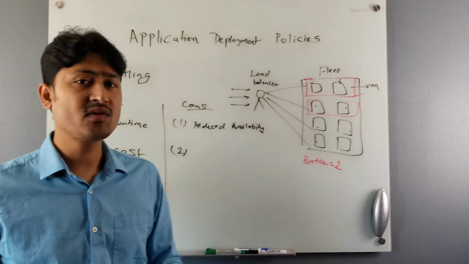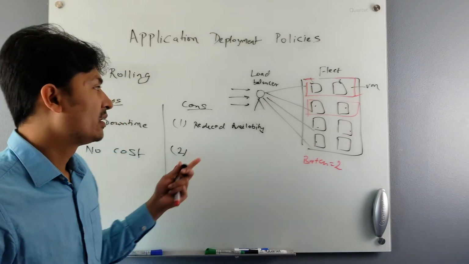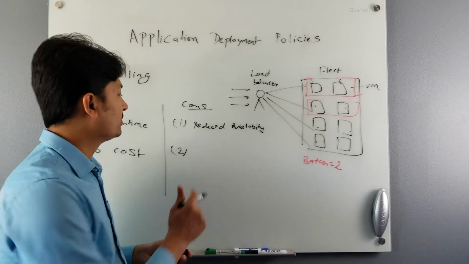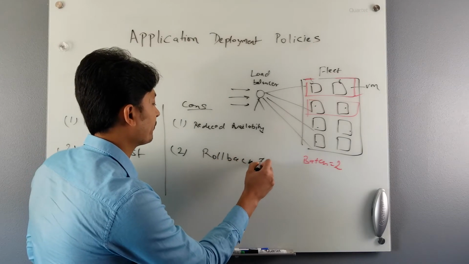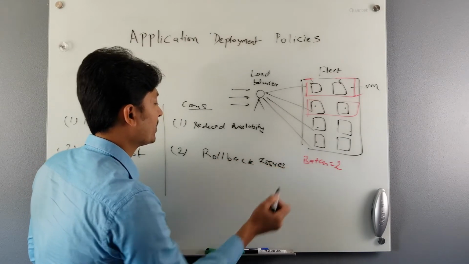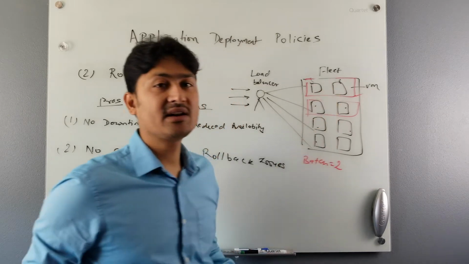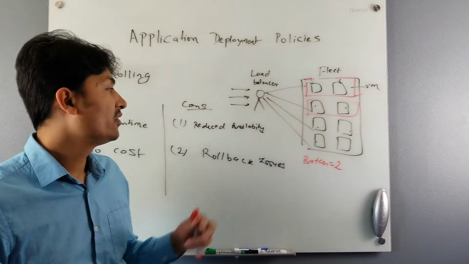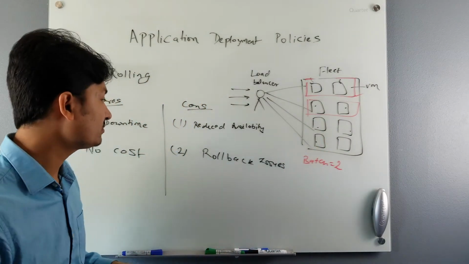The second disadvantage I can think of here is rollback issues. Think of it at this moment: these 4 servers are running the newer application version, whereas these other 4 servers are running the older application version.